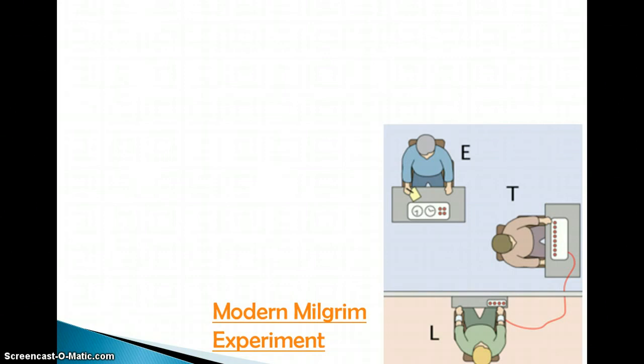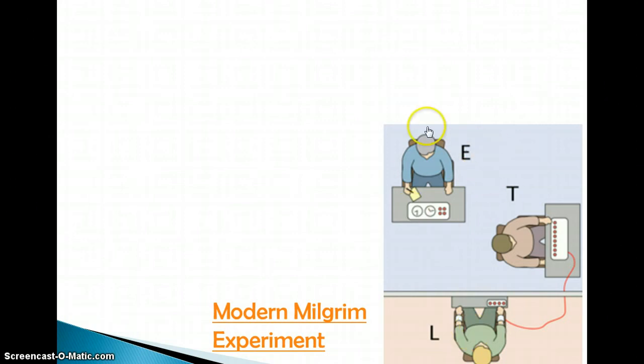And he had a laboratory where he had the learner, which is the L down here, and this was actually the person that was part of the experiment, that they had volunteers to come in. The teacher here, who was running the electrodes, for example, you can see was connected to this person. The teacher was actually in on the experiment, so they were not unknowing of what was going on, but the learner was.